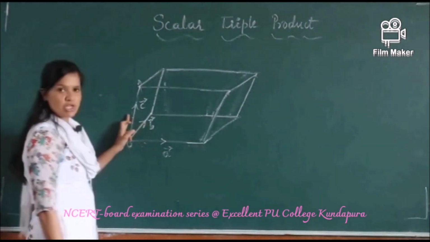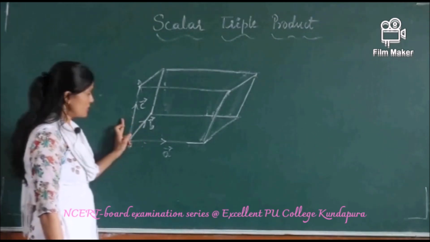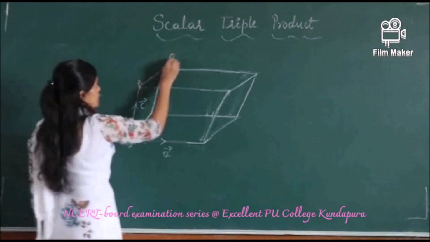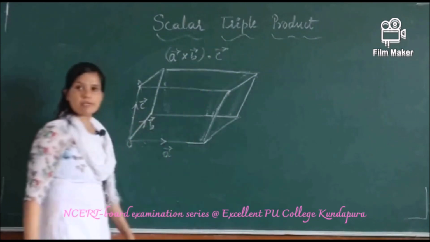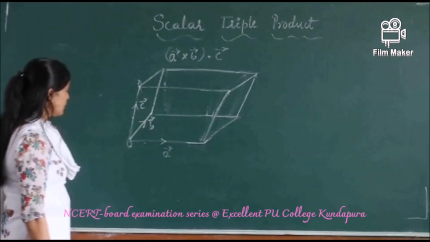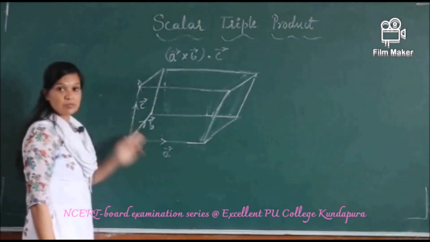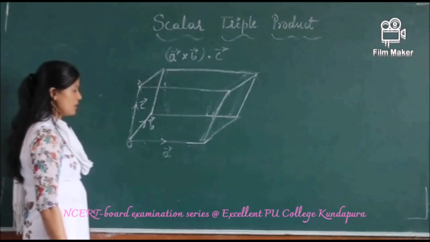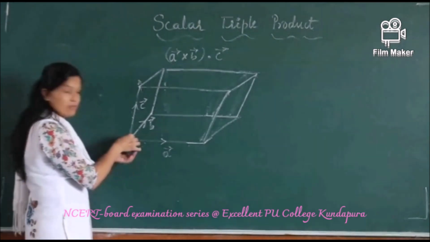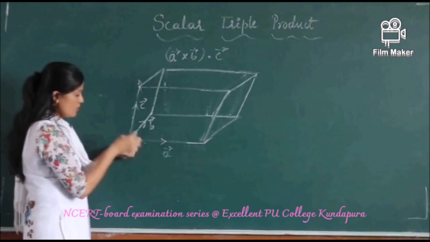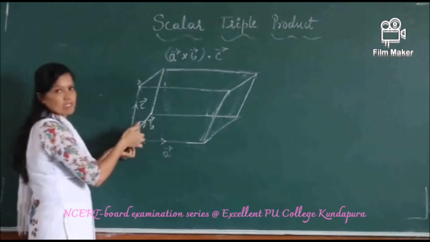Consider the three co-initial vectors, vector A, vector B and vector C. I am talking about the scalar triple product A cross B dot C. This is vector A, this is vector B. A cross B is perpendicular to both A and B, so it is perpendicular to the plane containing both A and B. This is what we have studied.